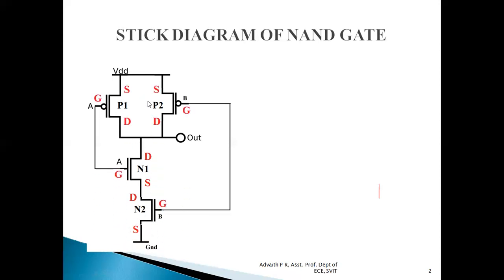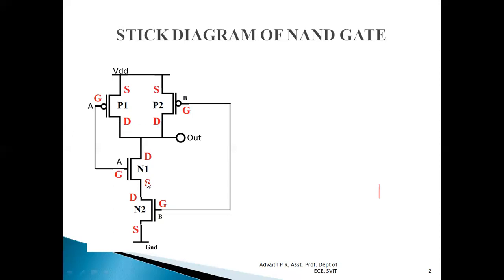The source terminal of the P1 transistor is connected to VDD. Similarly, the source terminal of the P2 MOSFET is connected to VDD. The drains of P1 and P2 are shorted and given as output. The drain of NMOS transistor N1 is connected to the output terminal, which in turn is connected to the drains of P1 and P2.